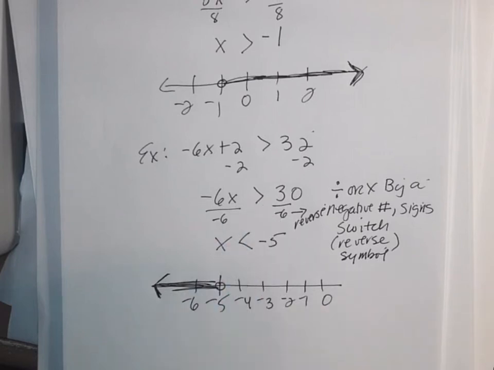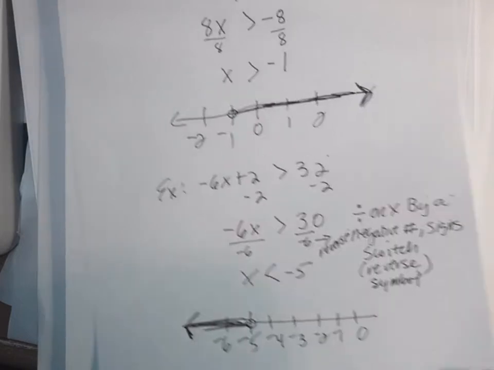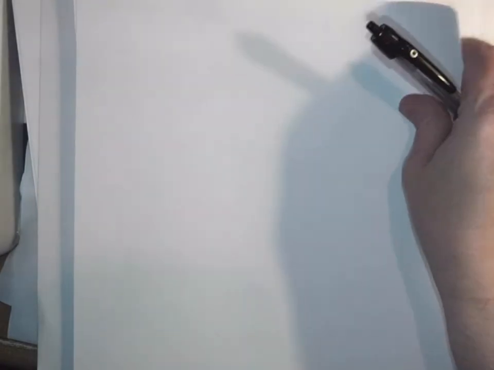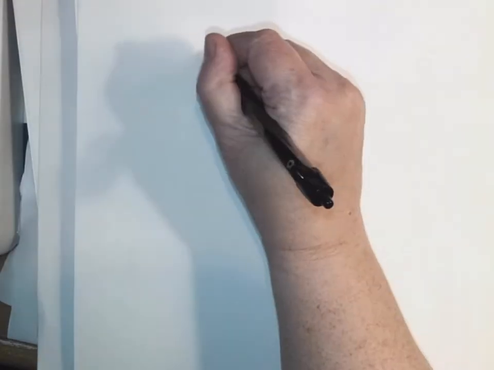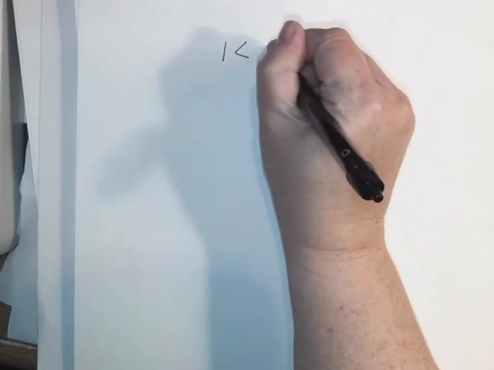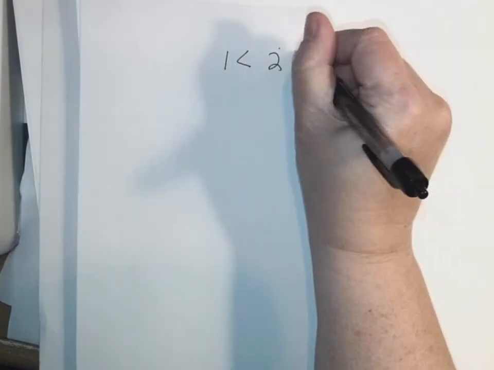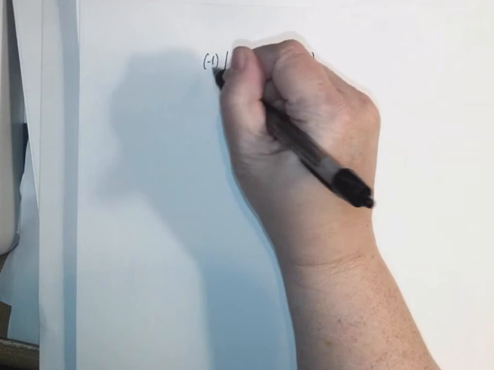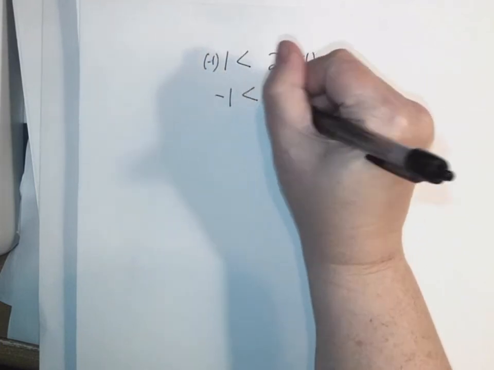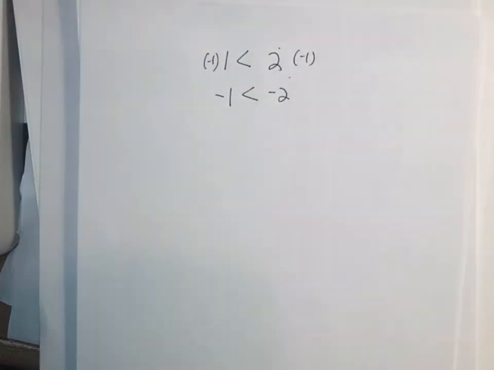And what is the point of that? Why do we have to flip it? So let's look at an example of why you would have to flip it. Let's say I have 1 is less than 2, right? That's true. So now I'm going to multiply both sides by negative 1. So it becomes negative 1 is less than negative 2. Remember, I multiplied by a negative number.